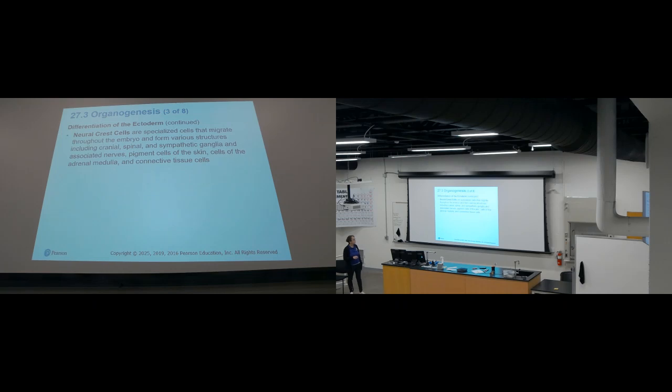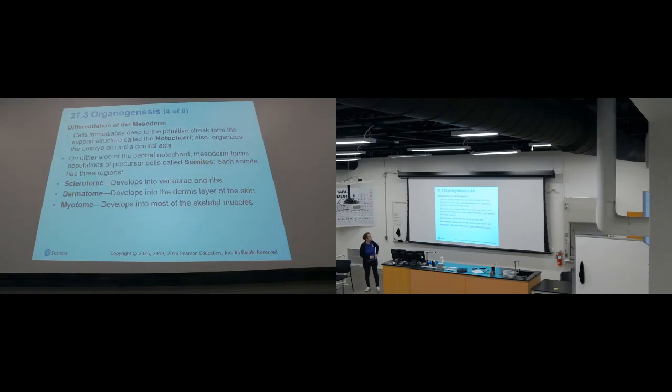And also, they're going to migrate towards the middle of the adrenal gland, forming the chromaffin cells, and they are also going to form connective tissue cells. Sometimes we have absence of migration of these neural crest cells into our skin. And then we end up with little patches of skin that are not colored. So that's the information about the ectoderm.